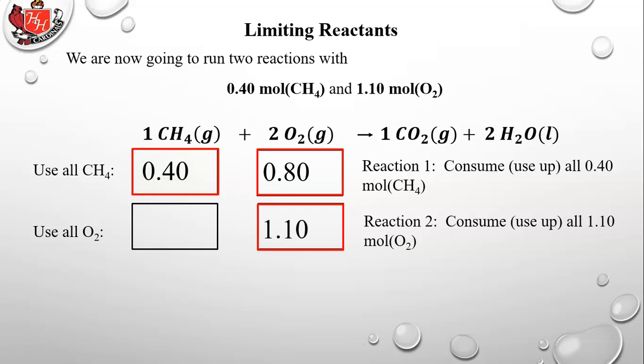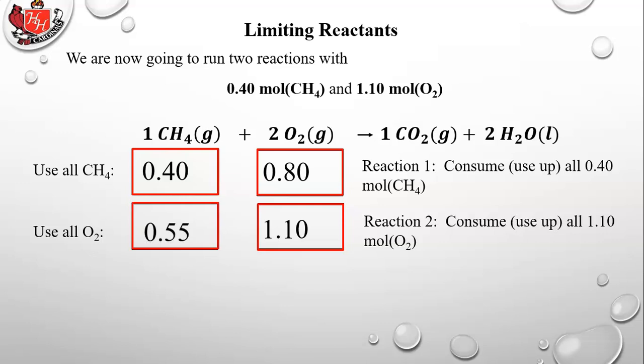Now, how many moles of CH4 would it take to use all 1.10 moles of O2? Again, it's a 2-to-1 relationship between O2 and CH4, or stated another way, you need half as many moles of CH4 as you have moles of O2. So half of 1.10 is going to be 0.55.